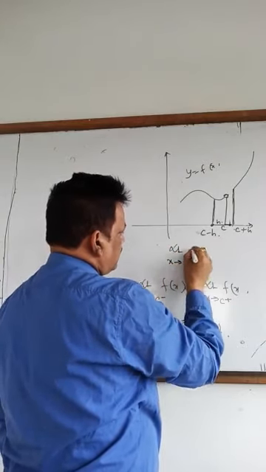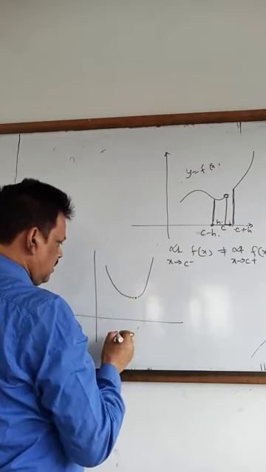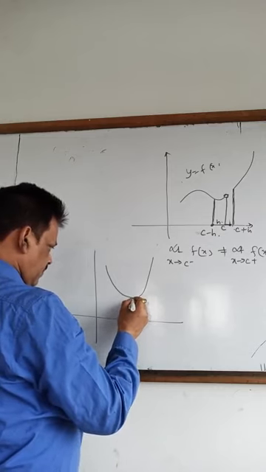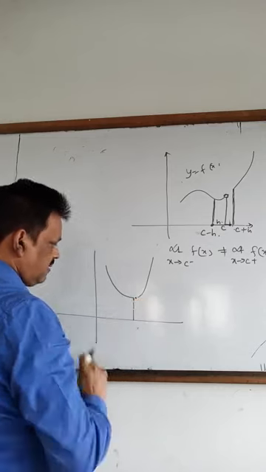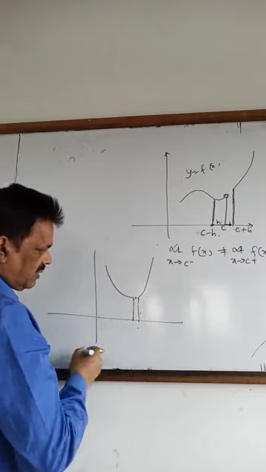To understand this, let us draw one more graph. Suppose I found a curve here. This is the point C. This is your left hand limit. Look, this is your left hand limit. This is your right hand limit. These two are almost the same.